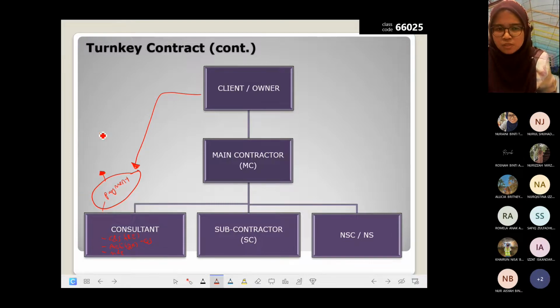So the function of RE, dia bagi approval for work, do the check ataupun dia buat inspection kan, to make sure yang contractor punya kerja tu ikut spec, ikut drawing, ikut standard. Okay, tak ada tipu-tipu semua lah. Tak tipu besi semua tu.